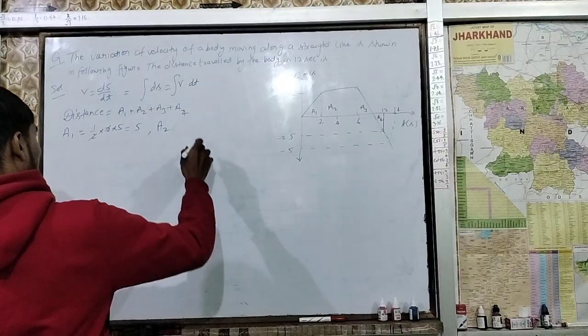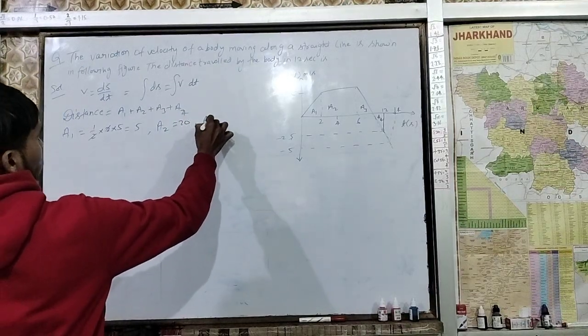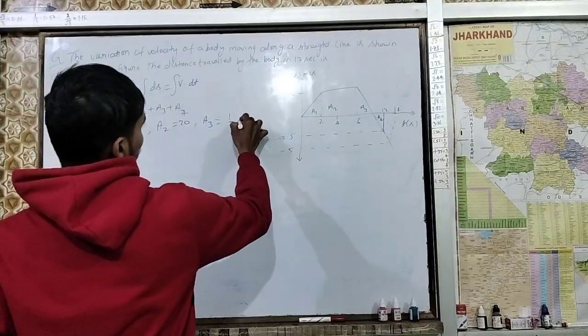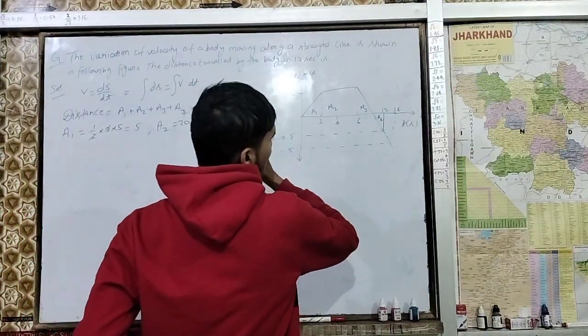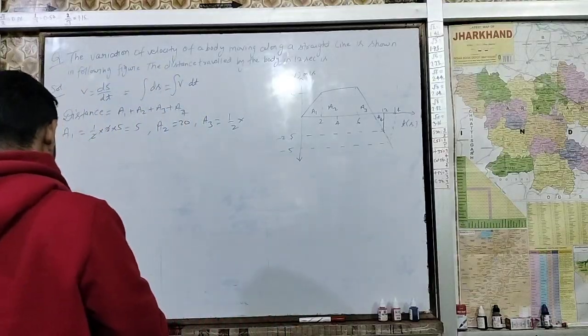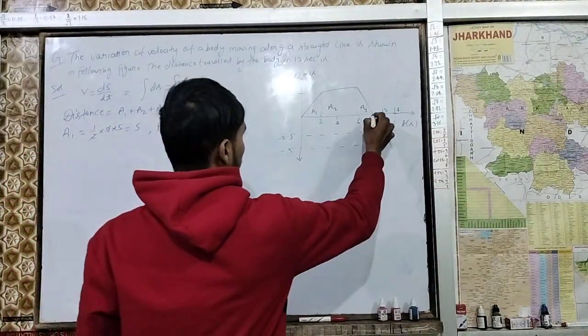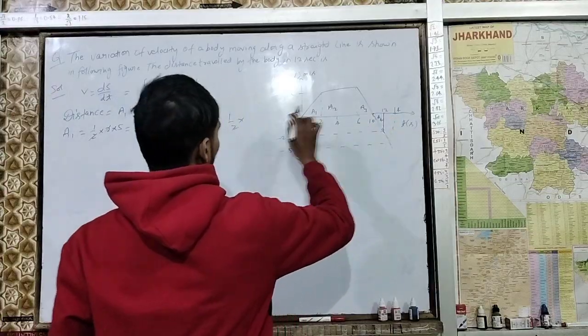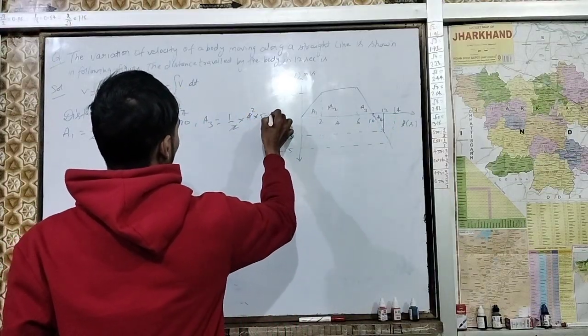Yeah, this will be 20. A3 will be nothing but 1 upon 2 multiple, over here, this is a 10, remember. So this will be 4 multiple 5, so 10.